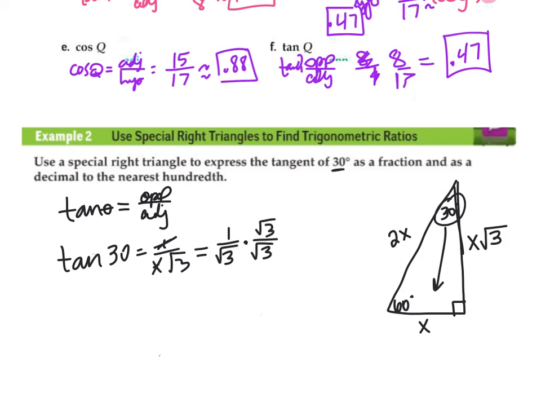So multiply top and bottom by that radical, which gives us square root of 3 over 3. When we plug this in as a decimal, we will have a value of approximately 0.58. So that would be the relationship of the sides in a 30, 60, 90 triangle when you're taking the tangent of 30 degrees.